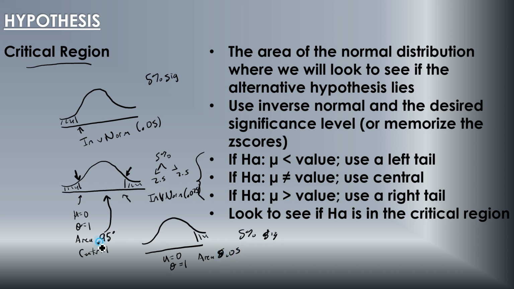So over here, this should have been 0.95. Then we would select a right tail, and that will give us the z-score right here. Or alternatively, we could inverse norm 0.95, and that gives us the same thing. So it's kind of confusing. You need to know how to use your calculator.